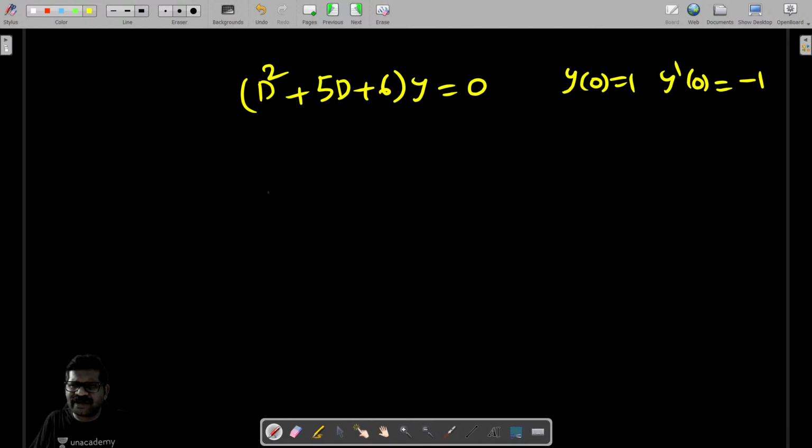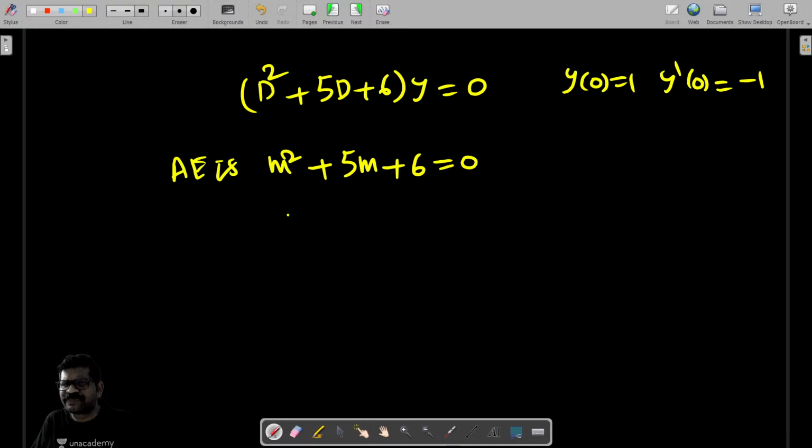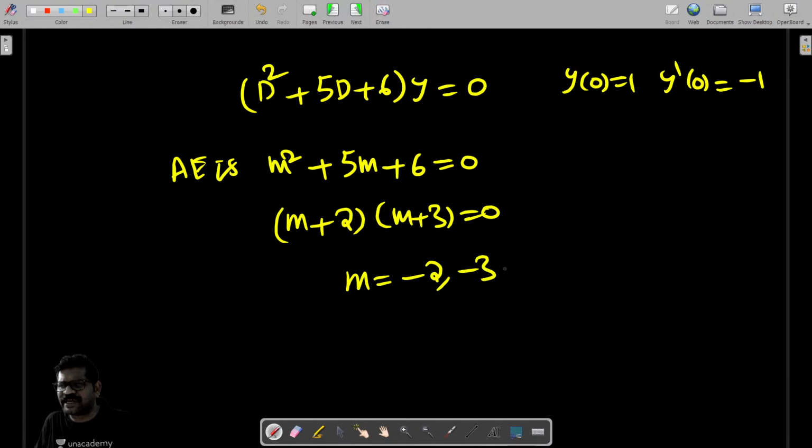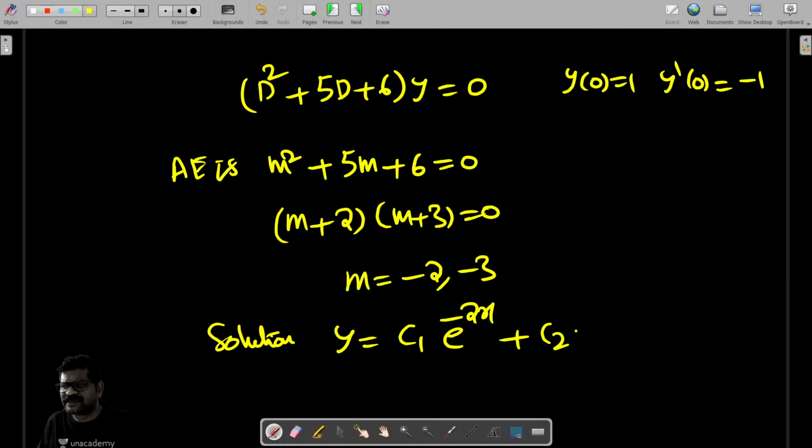Now, here the auxiliary equation is m square plus 5m plus 6 equal to 0. M plus 2 into m plus 3 equal to 0. So m is equal to minus 2, minus 3. Therefore, the solution is c1 e power minus 2x plus c2 e power minus 3x.